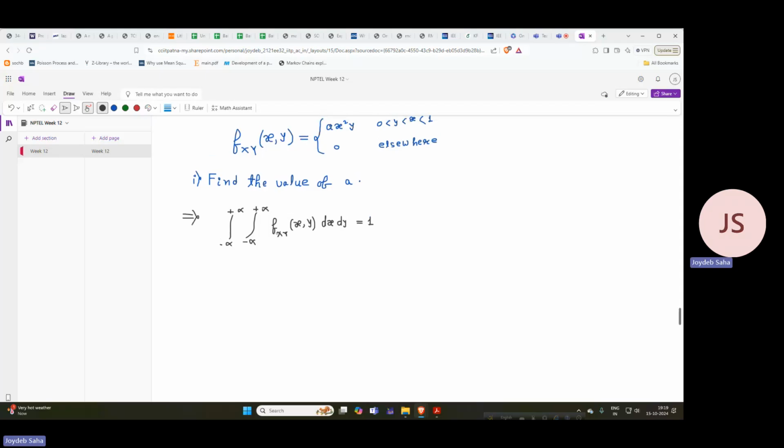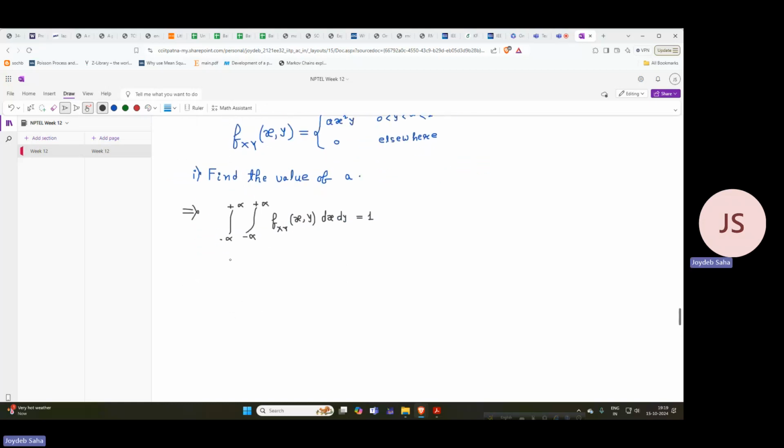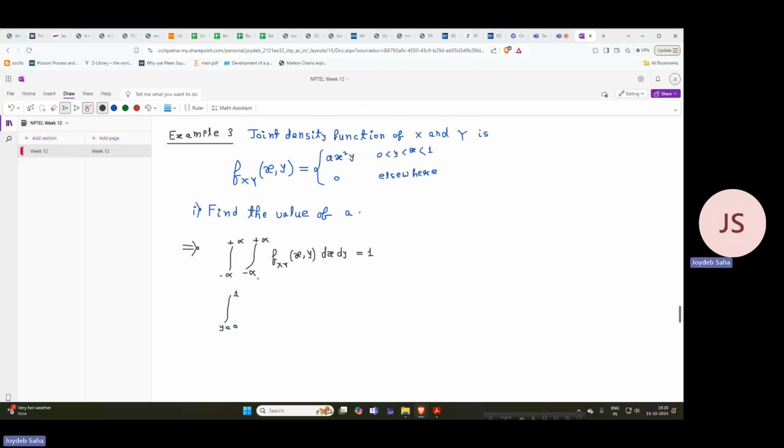Now we need to put the limit of xy. So what will be the limit of xy? So can we write y is equal to 0 to 1, and as x is greater than y only, right?